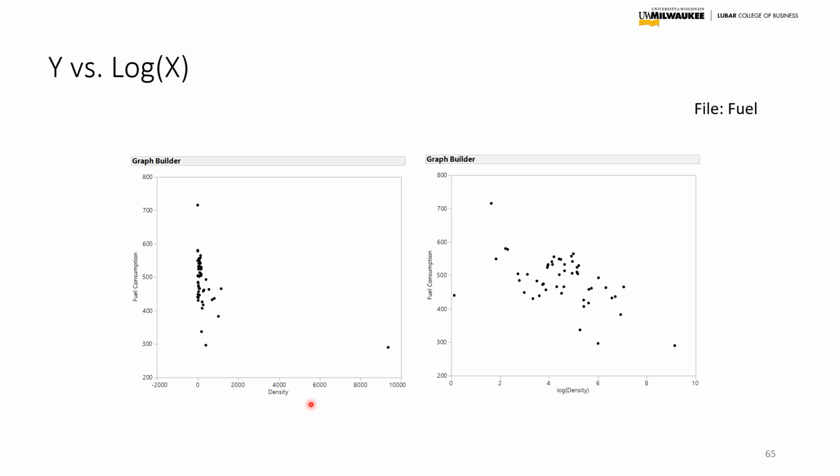The right scatter plot is a plot of the y variable against logged density. We can now see the transformation brought out the pattern in the data. We have a really nice negative relationship, which is suited for fitting a line, which was not seen in the left scatter plot. So this is quite neat. Does a negative relationship make sense? It sure does.